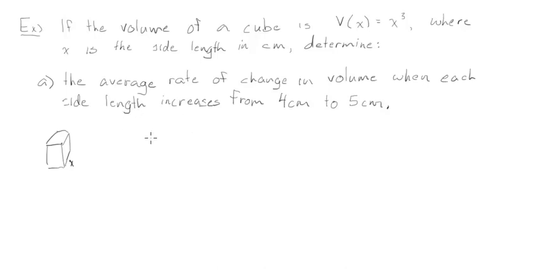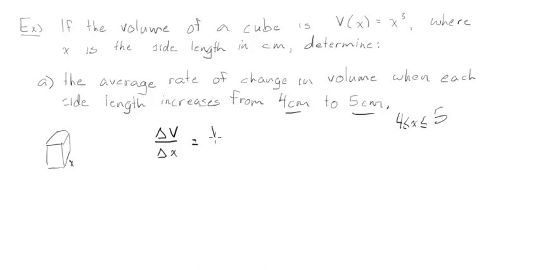So what I want as a rate of change is the change in volume, not over time, but over the change in the side length. So it's the average rate of change. You need an interval, and the interval is just 4 to 5 centimeters.